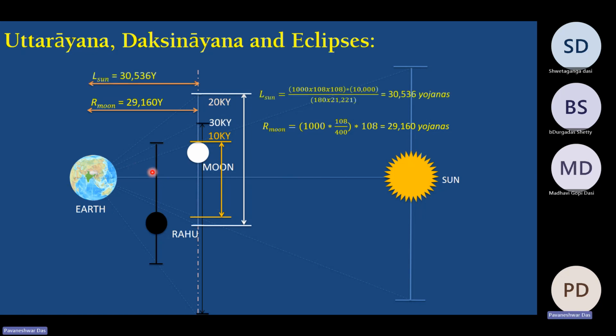Similarly, we have the same relation for sun also. The diameter of the sun is 108 times the diameter of the earth. And the distance between the earth and sun is 108 times the diameter of the sun. This is the total distance, from here to here.